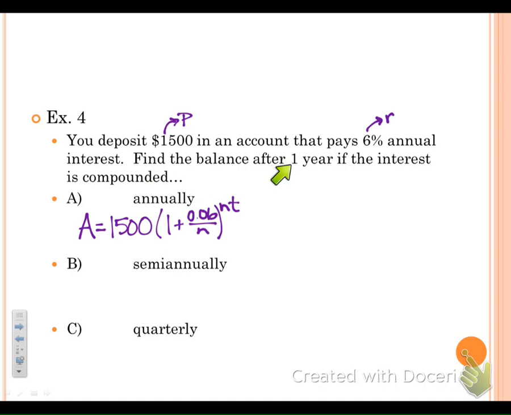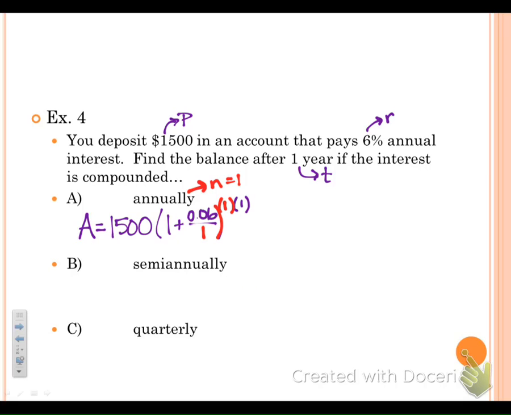I then find the balance after 1 year. Anytime I see year, this is dealing with our T. So in place of T, I'm putting a 1. I'm actually going to use this format for every problem. It's the N that's always going to change. Annually, how many times a year would this be compounded? So instead of N, here's how we compute this problem.